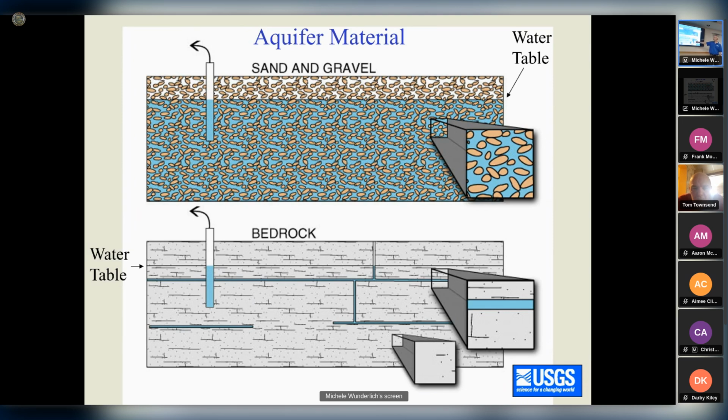So when you draw water from a bedrock aquifer, if you draw 10 gallons of water from the sand and gravel aquifer, it's going to mine water from close to the well. It's not going to affect very far out because there's a lot of water in storage in a sand and gravel aquifer.